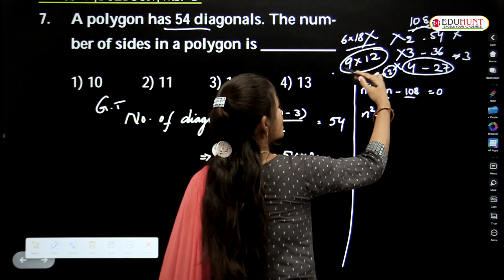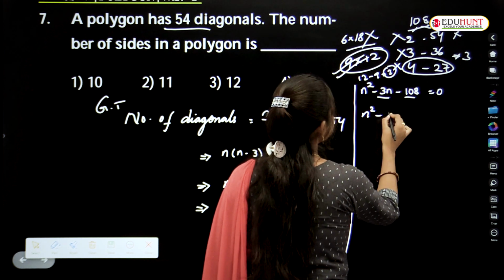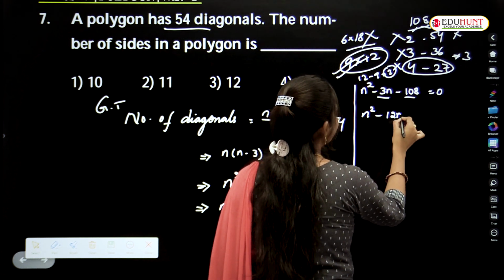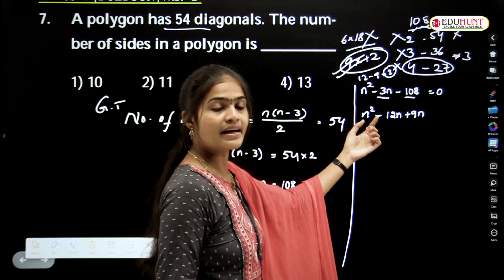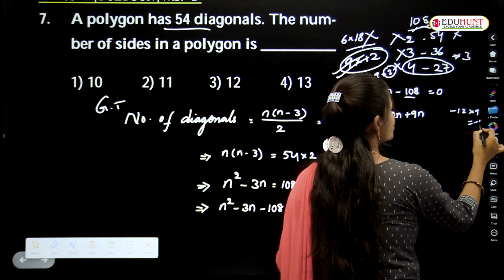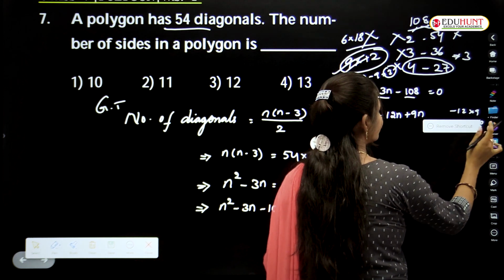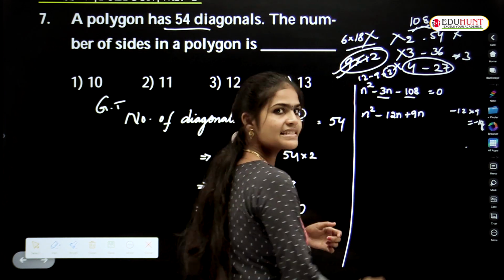So here which one is possible? This is possible. So write this one as minus 12n plus 9n. Why? Because minus into plus, minus 12 into 9, is equal to minus 108, so that is satisfying.